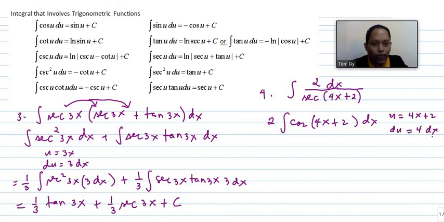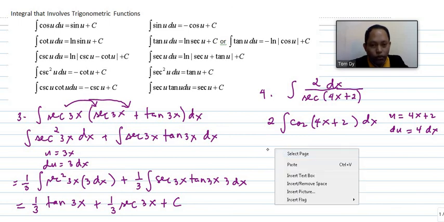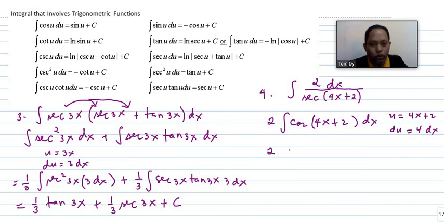Again, this is dx, so we have here 4, then we will have our multiplier of 1 over 4, which is the reciprocal of 4. So we have 2 times the reciprocal of 4, which is 1/4, and then integral of cosine of our u, let's say here 4x plus 2.